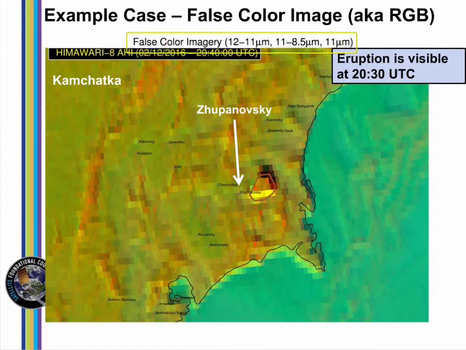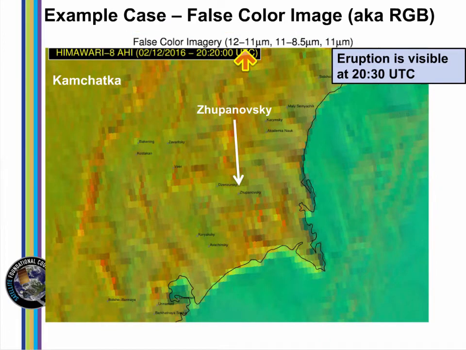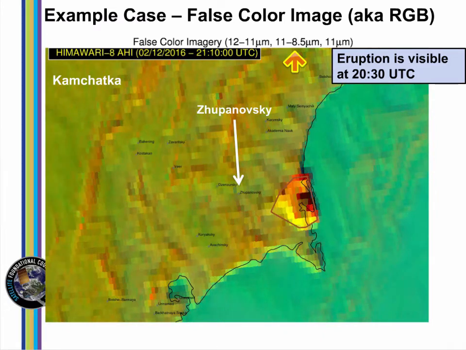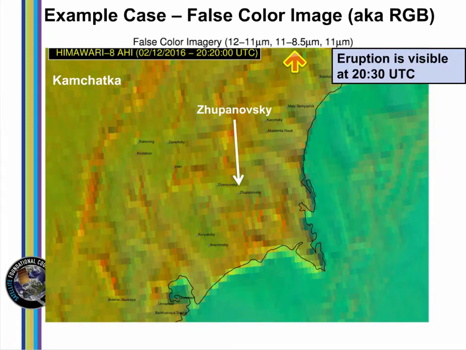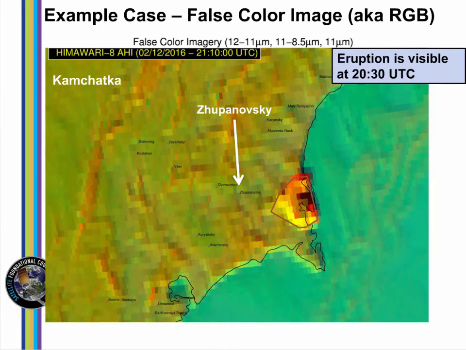The RGB components are noted. The split window difference is the red component of the image. The brightness temperature difference between 11.2 and 8.5 microns is the green component, and the 11.2 micron brightness temperature is the blue component.